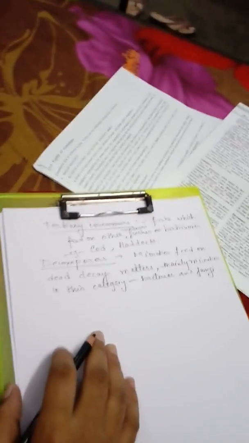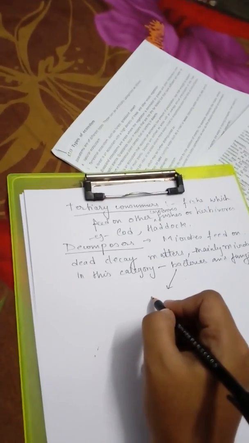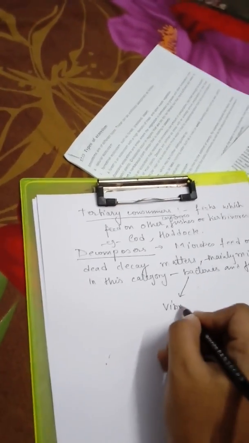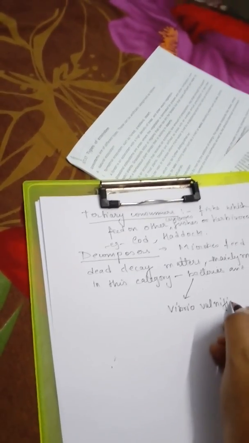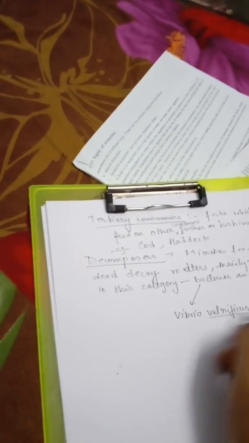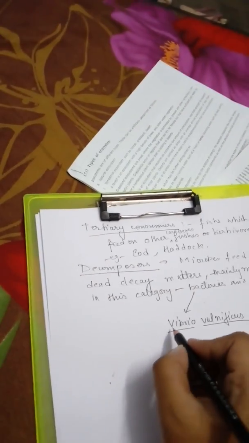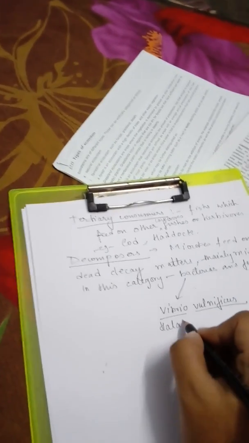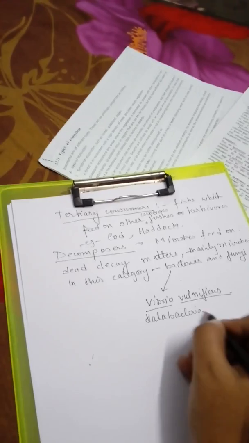Okay, let's take examples of bacteria. There is Vibrio vulnificus. Another is Halobacteria, the salt-loving bacteria.